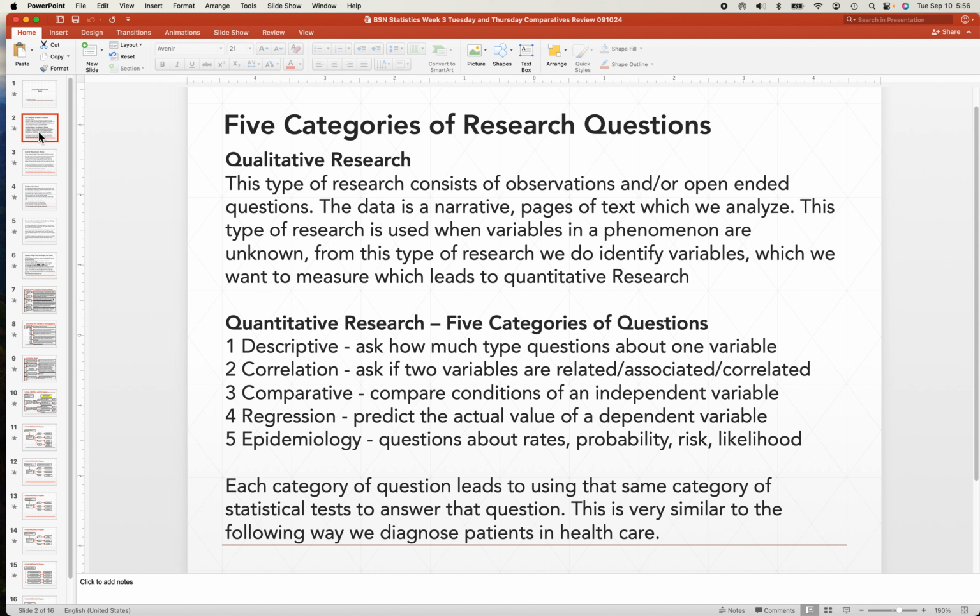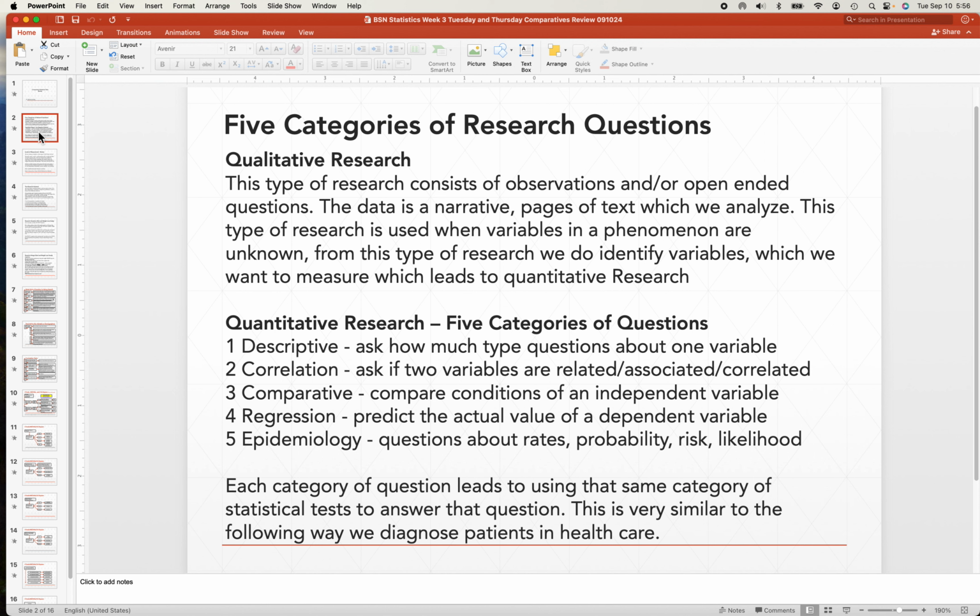The third group that gets even a little bit higher is our comparative group, which we studied last week and are reviewing this week. Those compare conditions of an independent variable, or in some cases, multiple independent variables. So if we ask a question, does one treatment improve the outcome for patients as compared to another treatment, that word compare makes that into a comparative type question.